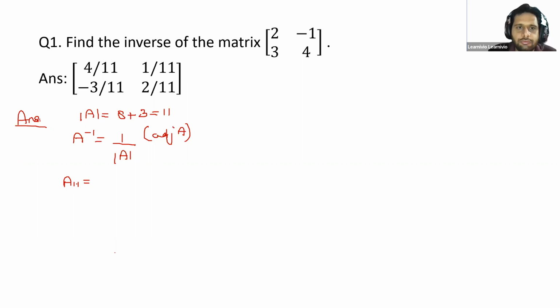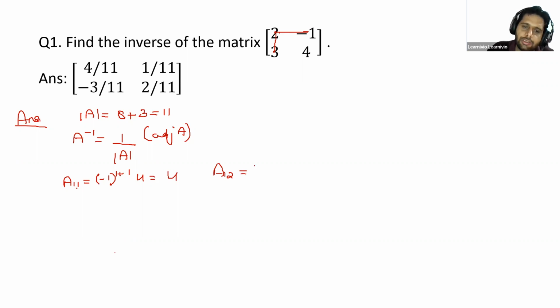Abdur, do you know about the cofactors? We have discussed that in the last class. If not, then please check here. A11 is equal to, always write (-1) to the power 1 plus 1. Whatever the numbers you have over here, you will write here 1 plus 1. After this, please ignore the first row and the first column. Then the value is 4. So we will get A11 equal to 4.